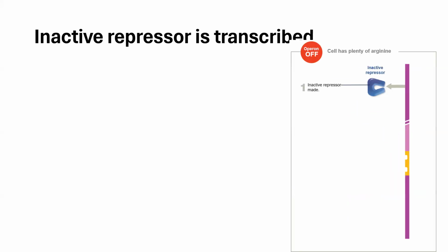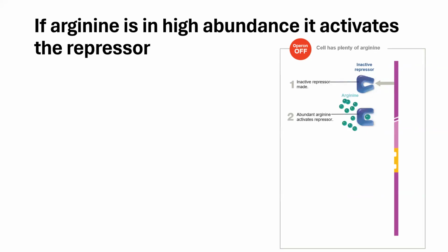Now, in the situation where the operon is turned off, you still get the formation of the repressor. However, arginine is in abundance. Maybe this is because the cell has made enough, or maybe this is because the cell is in an environment where there is a bunch of available arginine.